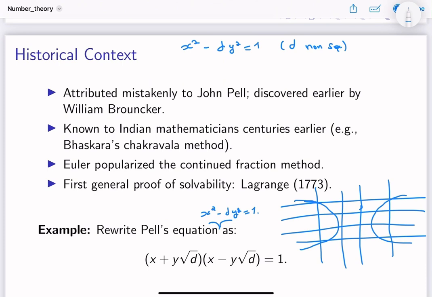So we're asking for integer solutions on that hyperbola. Once you look at the geometry, it's no longer a surprise: you should feel that the existence of infinitely many solutions is reasonable to argue for, and this is what Lagrange could prove in 1773.